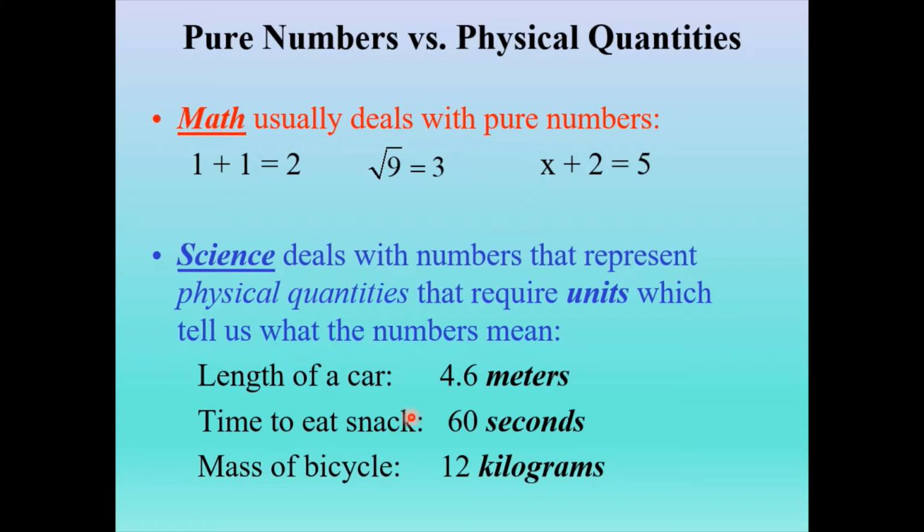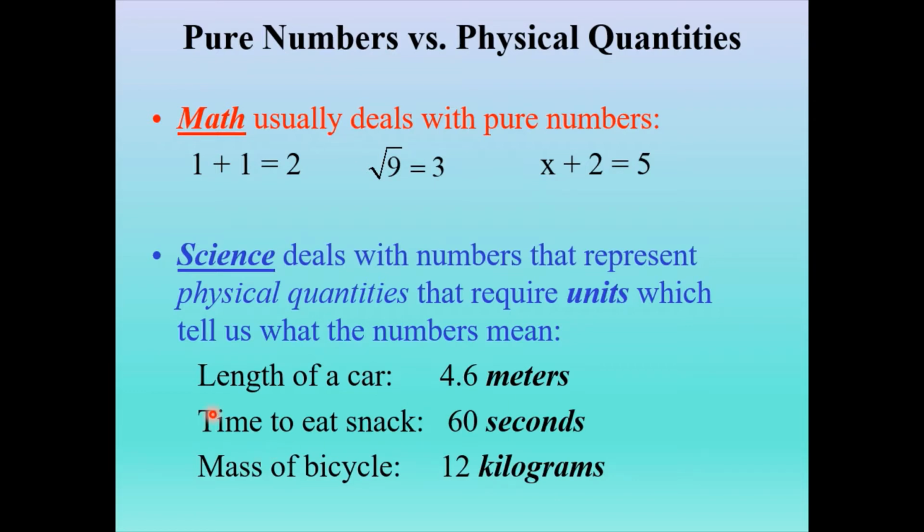For length and distance in this class, we're going to use the unit of meters. So we could describe the length of a car as 4.6 meters. Here the number 4.6 represents something physically. It's not just a pure number, because it's attached to the units of meters.